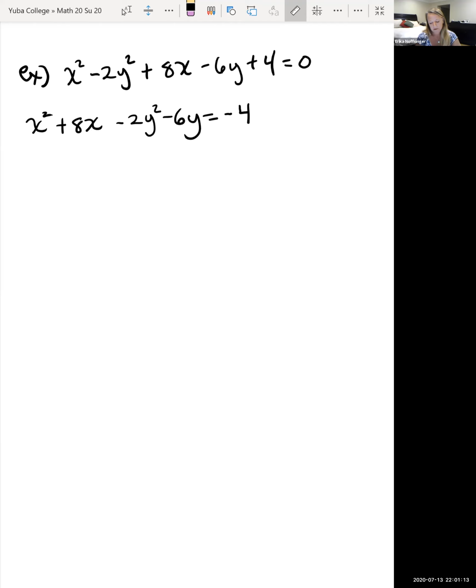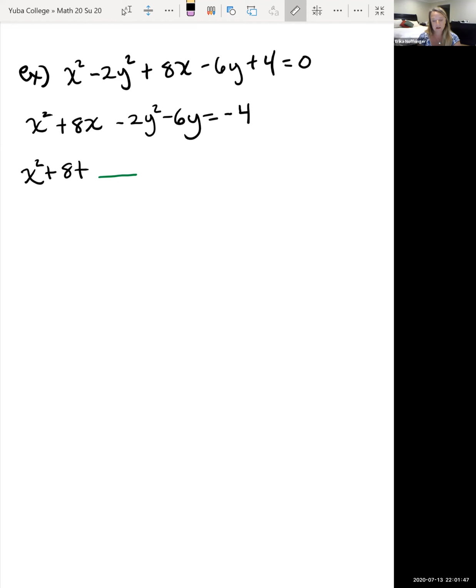So before we can complete the square, the coefficient in front of that squared term has to be a positive 1. We're lucky, it's already done for the x terms. So we have x squared plus 8x plus, and we're trying to think what we're adding in order to make that a perfect square. Well, half of 8 is 4.